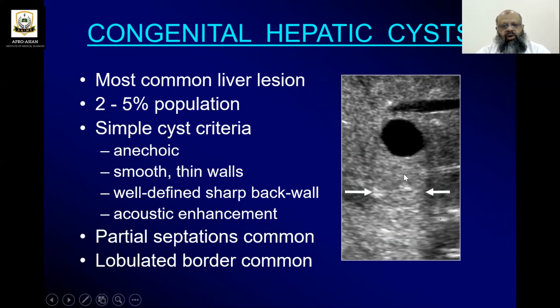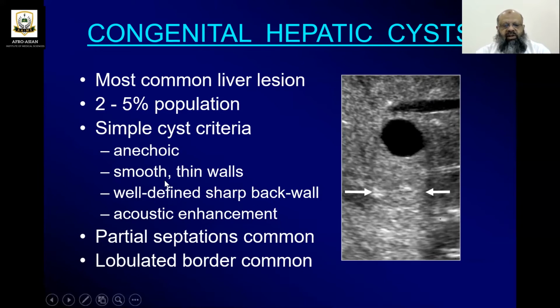Then is the posterior enhancement and edge shadowing. These are 5 diagnostic criteria to diagnose or to label a lesion as a cyst. It is a simple cyst.